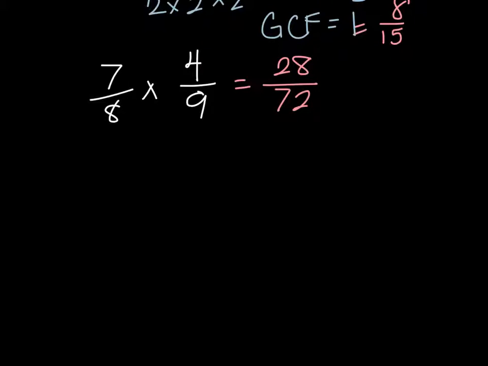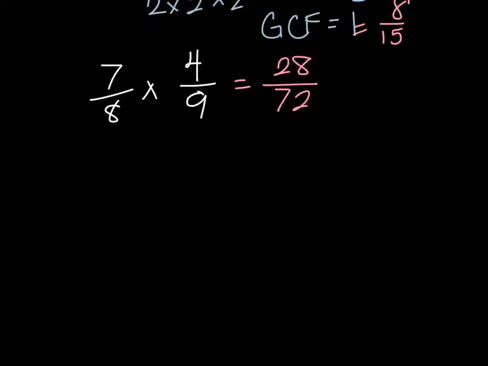Now, we can go ahead and do the same method, or we can just divide. We can consider what would be the greatest common factor here. I see a 4 up here, and I know 4 is divisible also into 8. So I'm going to give 4 a try.